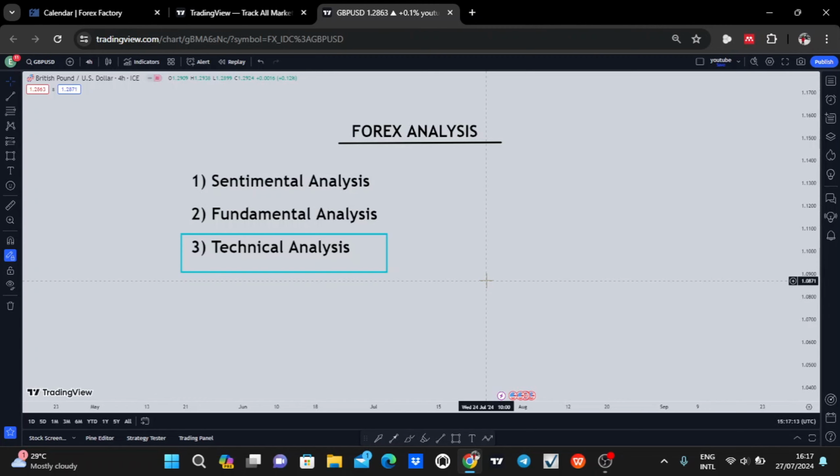In my opinion, sentimental analysis should be combined with technical analysis. This way, you don't just trade based on a big player's tweets. You always back it up with technical analysis. But me personally, I merge fundamental and technical together.